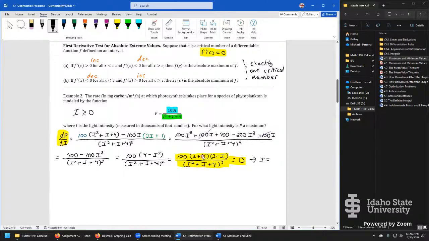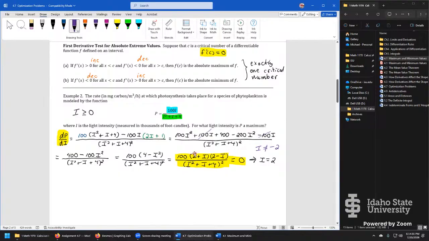There's no sense to having a negative 2,000-foot candles. It starts at 0 and just goes up. So we only get one solution. I is 2 in thousands of foot candles. Let's put a quick note here. I cannot equal negative 2, so we lose that particular solution.